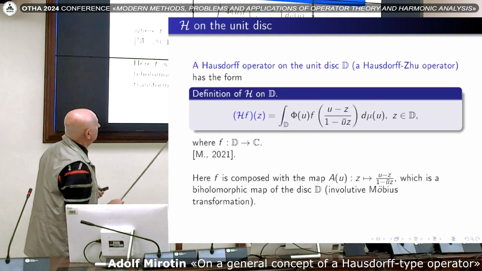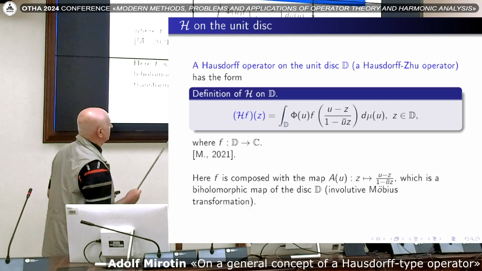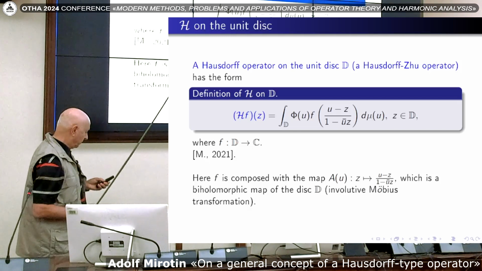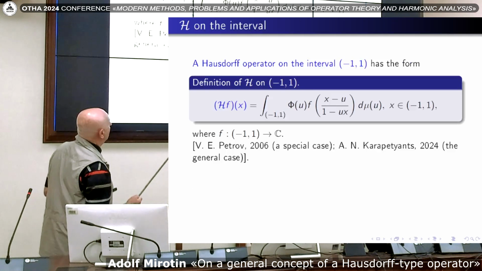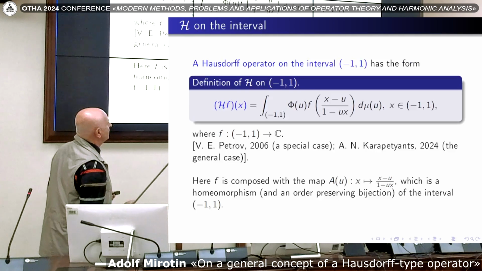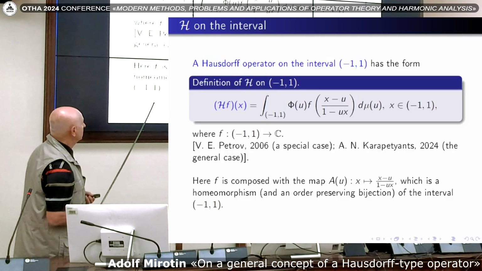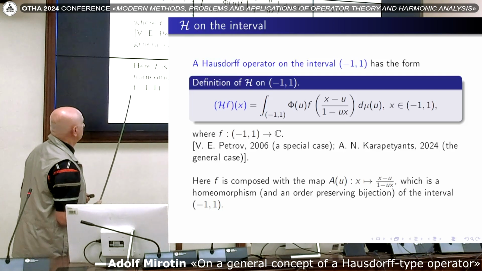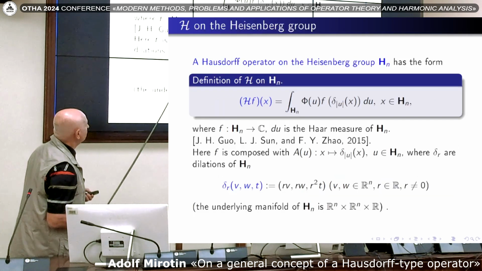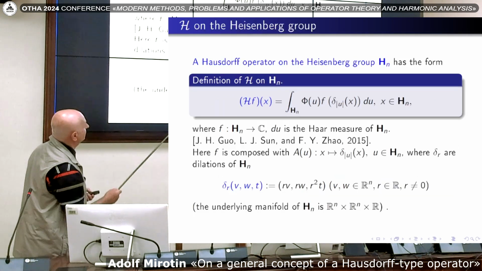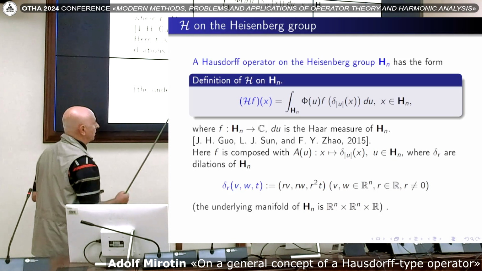And in this example, A of u, involutive Möbius transformations, is automorphisms of the unit disk as a one-dimensional complex manifold. In this case, our A of u is automorphisms of the interval (-1, 1) as a topological space, and automorphisms of this interval also as a linearly ordered space. Here, dilations, as is well known, are automorphisms of the topological Heisenberg group R^n.